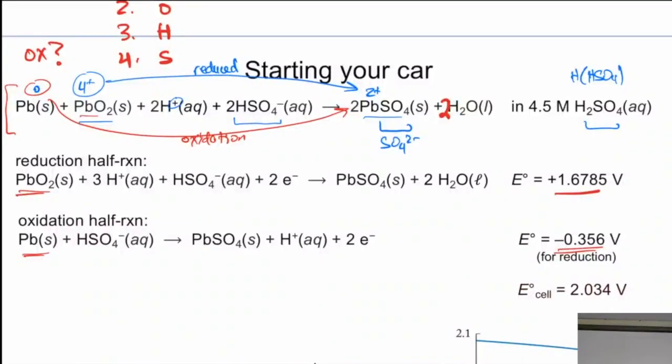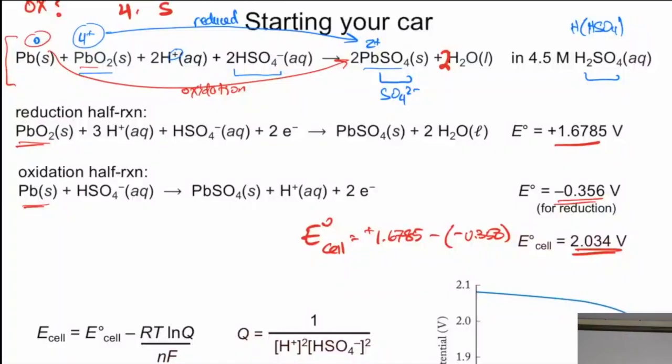So then overall, E0 of the cell is going to be equal to the reduction potential of the reaction that gets reduced, minus the reduction potential of the reaction that's running in reverse. So that's 0.356, and that gives you a positive, a little more than 2 volts.